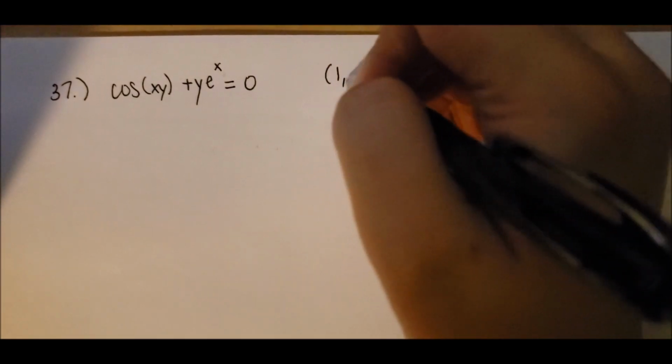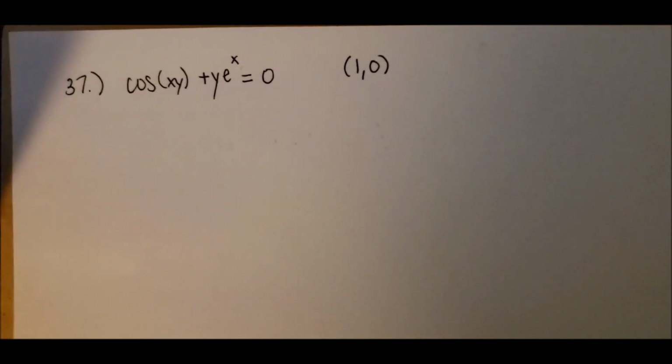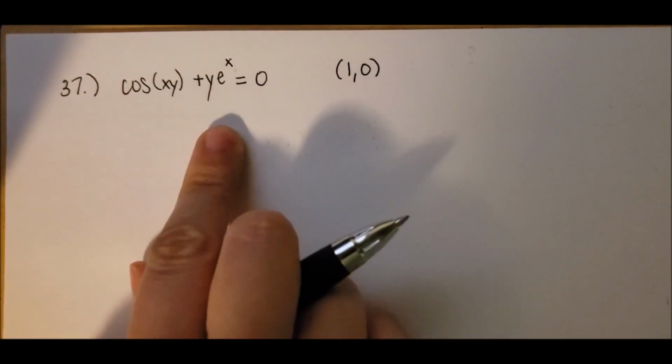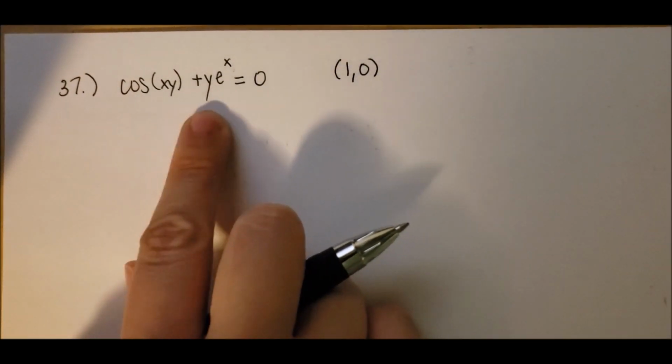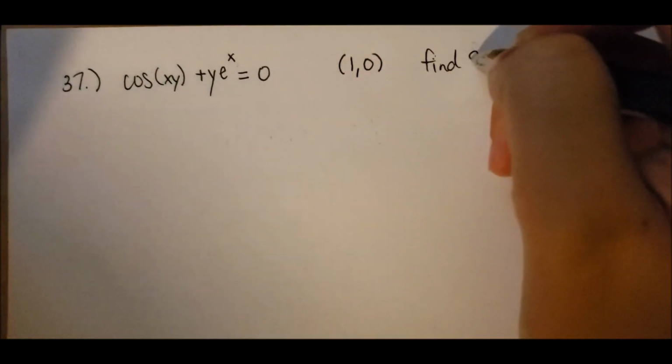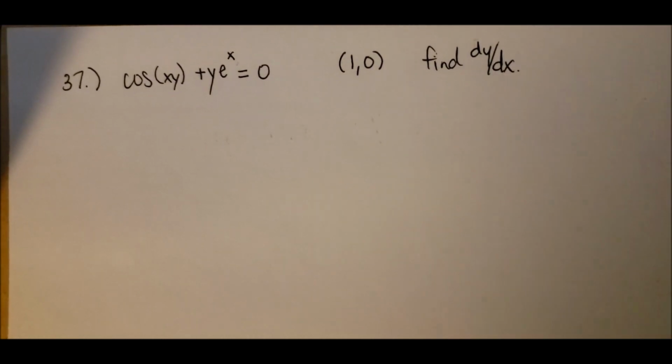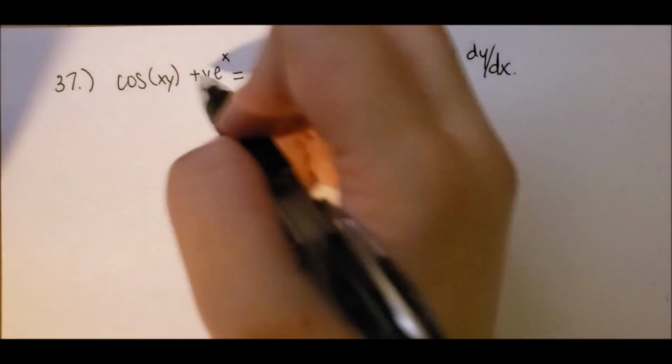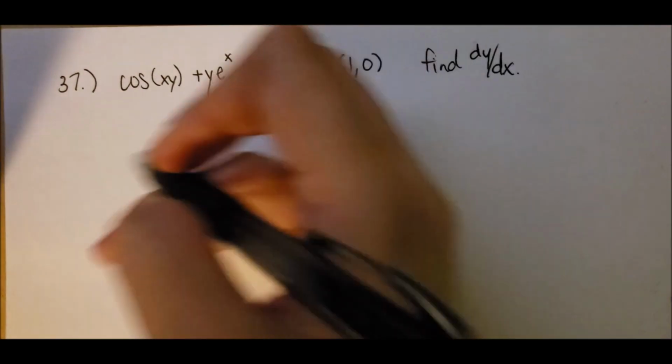The point is 1, 0. So I'm going to find the derivative dy/dx. So I'm going to take the derivative with respect to x.